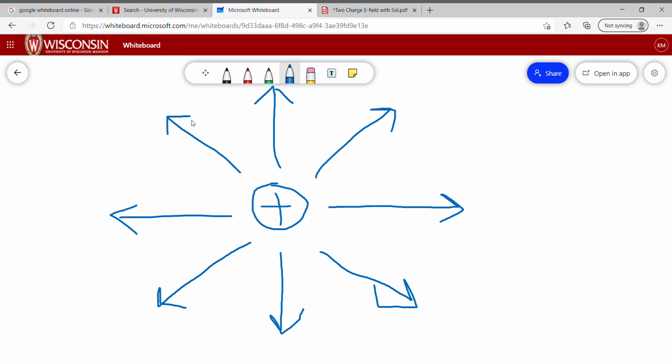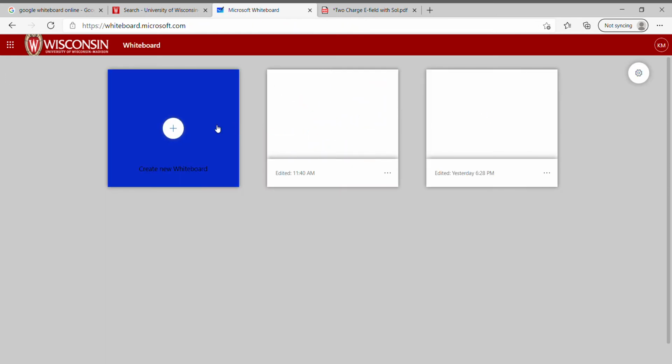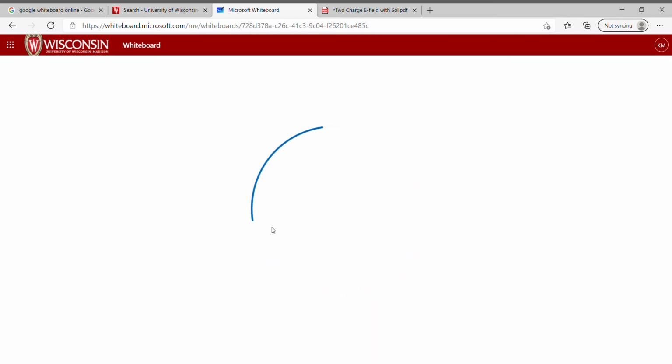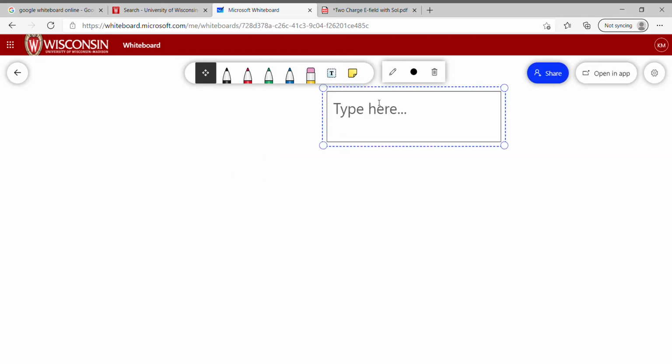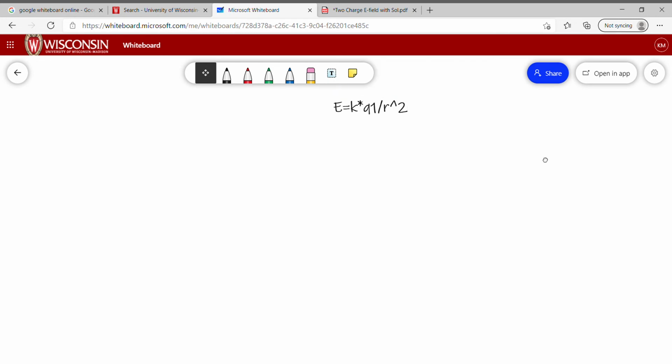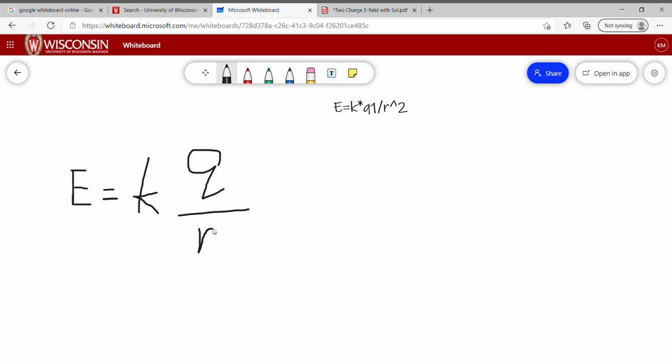Let's recall the formula for electric field: E equals K times Q over R squared.